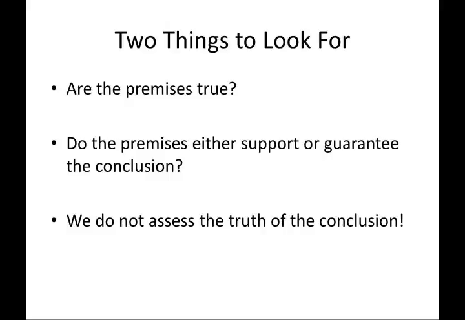That is, that the conclusion is true or false is supposed to be guaranteed or made likely by the premises, and it's that that you're looking at when you're assessing an argument. You're not just looking at the conclusion. You're not just saying, well, they believe this, so no matter what they have to say, they're wrong, or they got this wrong. That's not a fair way to assess an argument.